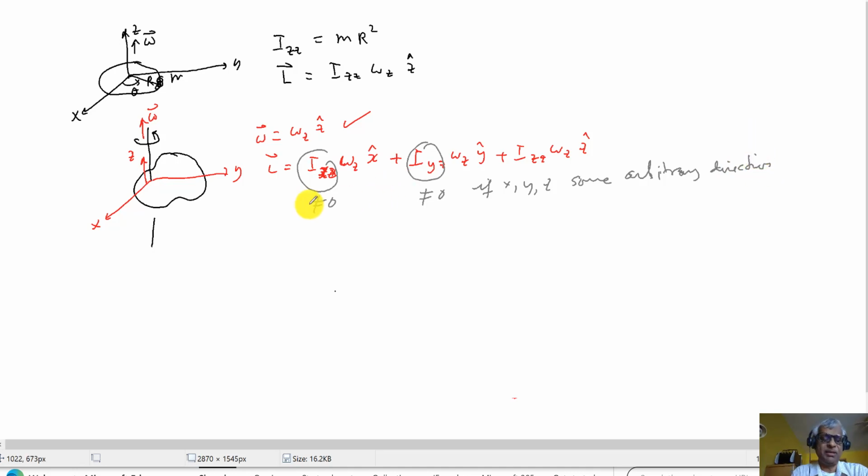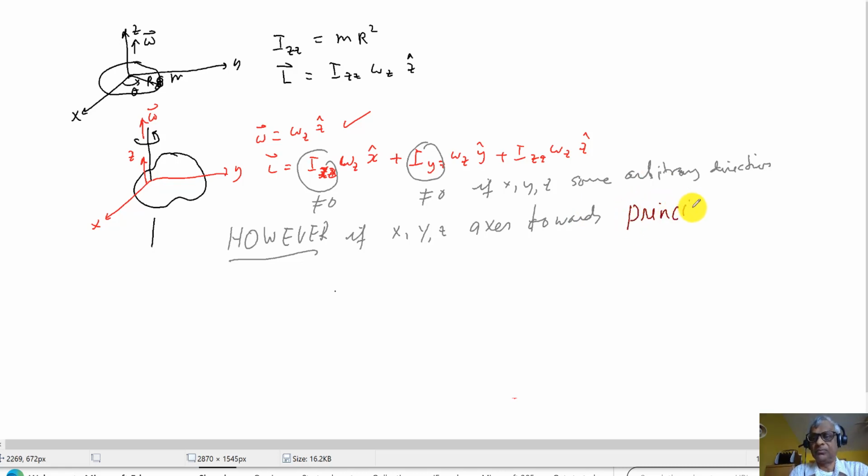However, there are particular directions called principal axes. If the x, y, z axes are toward the principal axes, so this is a special axis, the principal axis.